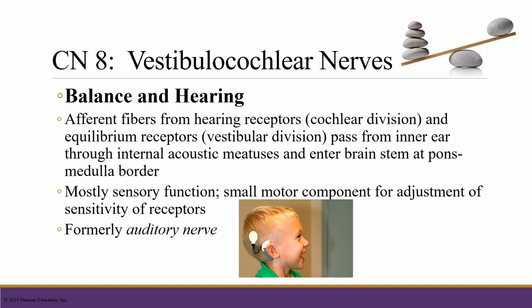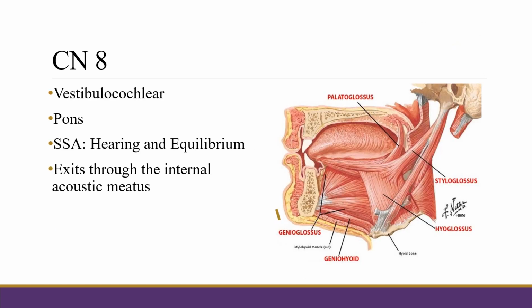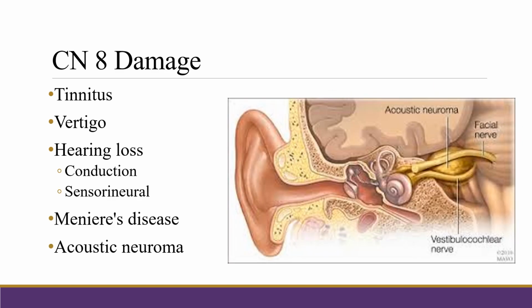So it's mostly sensory function, small motor component for adjustment of some of these sensory receptors. We used to just call it the auditory nerve, but we now know that it has a lot of vestibular function. So at the pons, we see SSA, hearing and equilibrium, and exiting through that internal acoustic meatus.